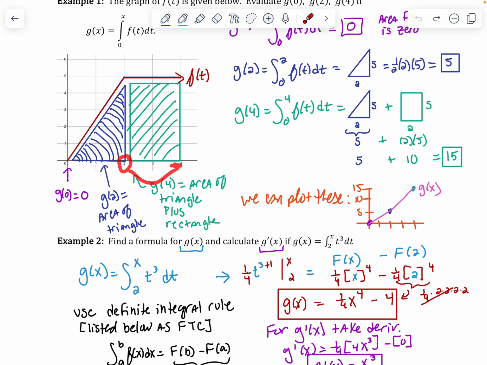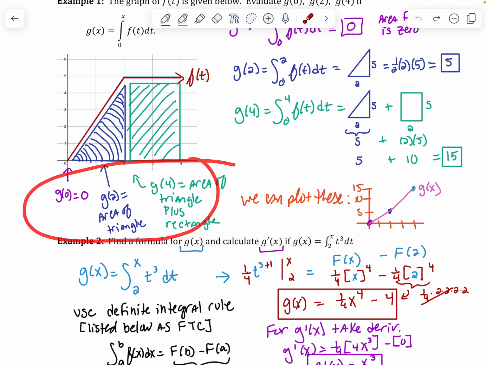If I go from 2 to 4, I've gone 2 units along the base. I still have a height of 5, and base times height gives a 10 unit rectangle. Adding these together, the total area under the f of t curve to the x-axis from 0 to 4 is 15.